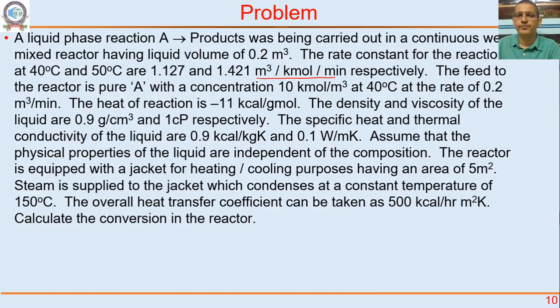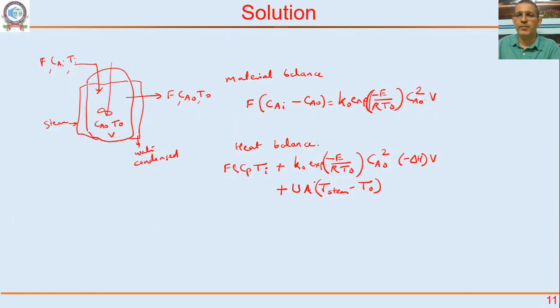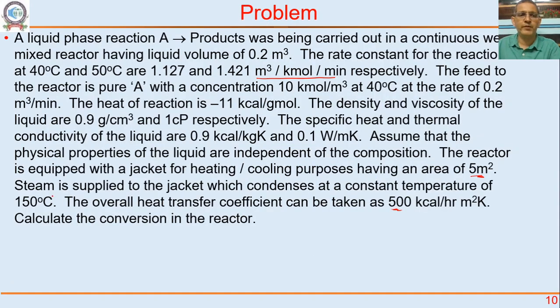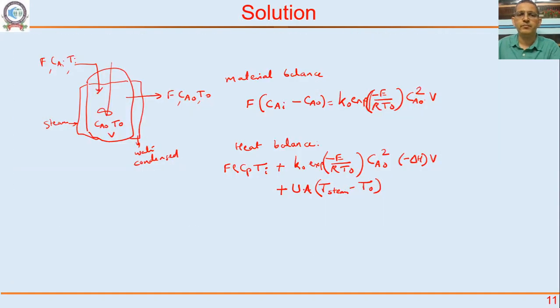U is 500, area we are told somewhere, 5 meter square. Temperature of steam we are told is 150 degrees centigrade. What comes in plus what is generated plus what is added must be equal to what is going out, F rho Cp T out.